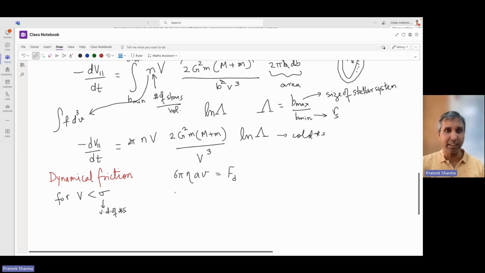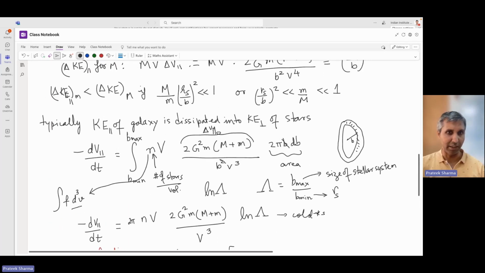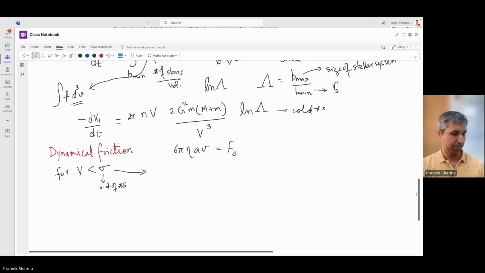Okay, so for this case, if you do this procedure of integrating over the distribution function, which I was mentioning here, what you get is dV by dt is proportional to minus V parallel.